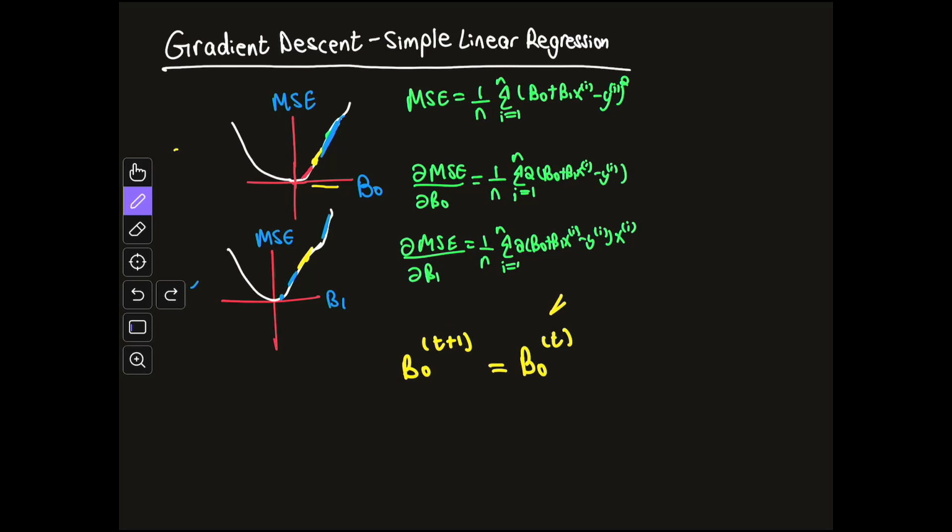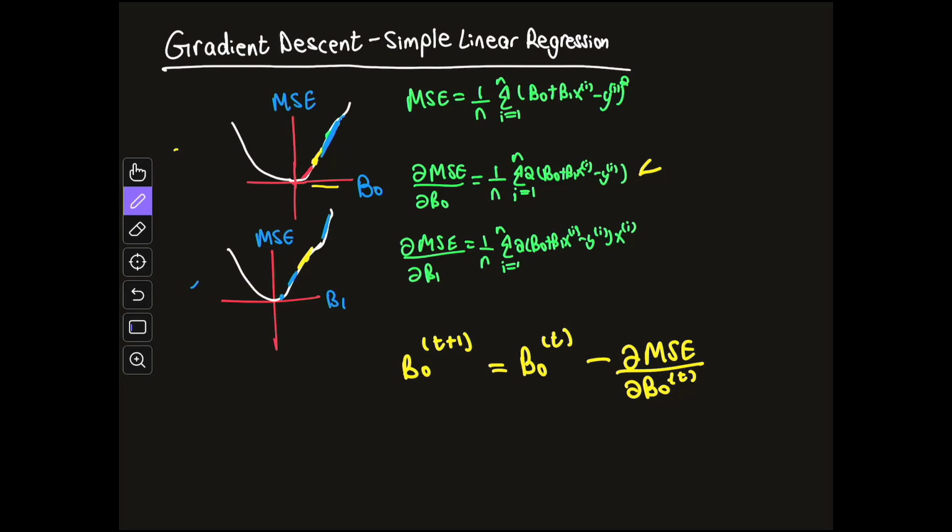So the new updated value is going to be the old value minus the derivative, partial MSE by partial beta naught. Remember, this is going to be a value. So this is going to be evaluated at our current value of beta naught and all of our data. We're going to plug in our current values of beta naught and beta 1. So what I really mean here is this is with respect to beta naught t.